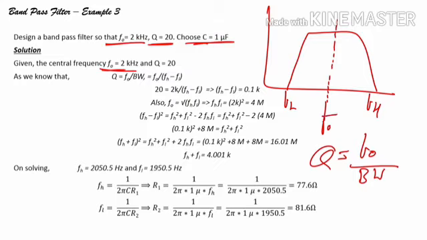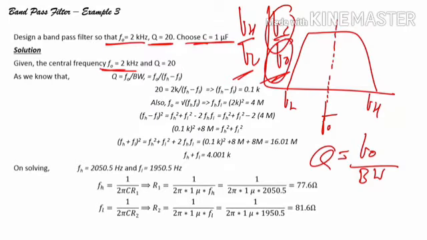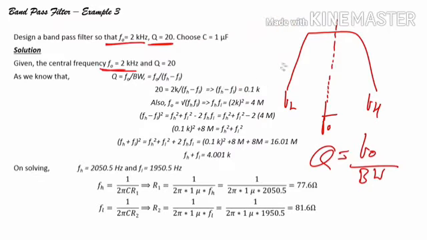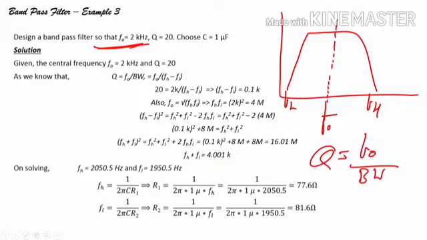So, when people say FH, FL, FC, FO, these are terms used for everything. That does not mean that everything is the same. This is the critical frequency, this is the central frequency, this is the higher cutoff, this is the lower cutoff. So, you have to understand what the terms are, but the point is do not get confused if you suddenly see a new term. The central frequency is given by FO, as you have seen here for this particular plot.